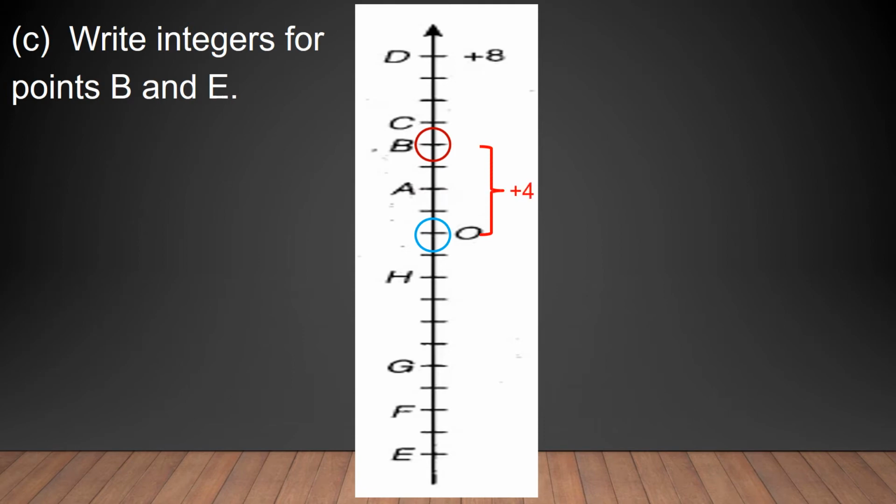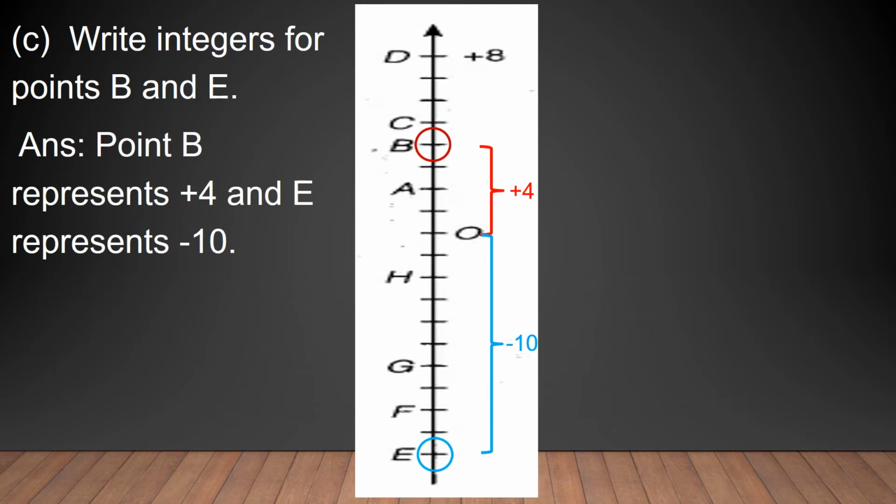So its value is plus 4. Now point E lies below 0 and we reach at E by taking 10 jumps below 0. So its value is minus 10. So the answer is point B represents plus 4 and E represents minus 10.